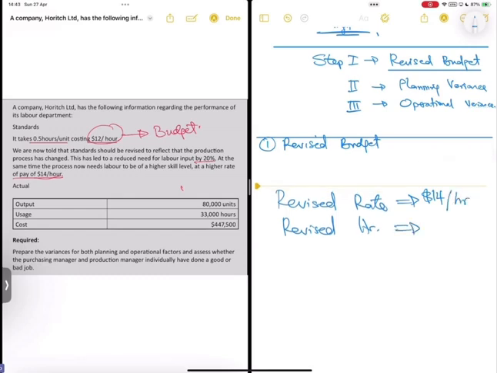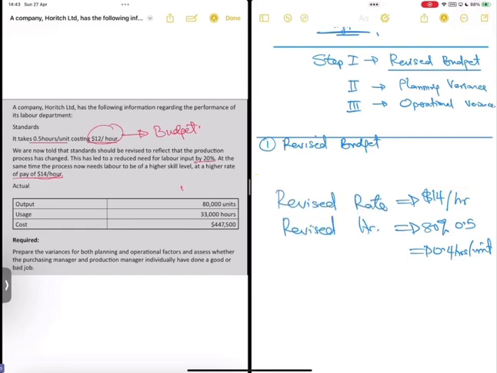And the revised hour will be 80% of 0.5, which gives 0.4 hours per unit, because a 20% reduction, 20% of 0.5 is 0.1, and 0.5 minus 0.1 is 0.4. So we have our revised budget. We're good.